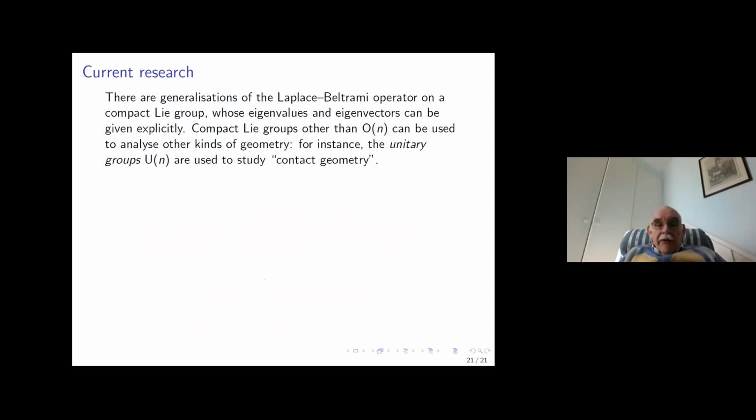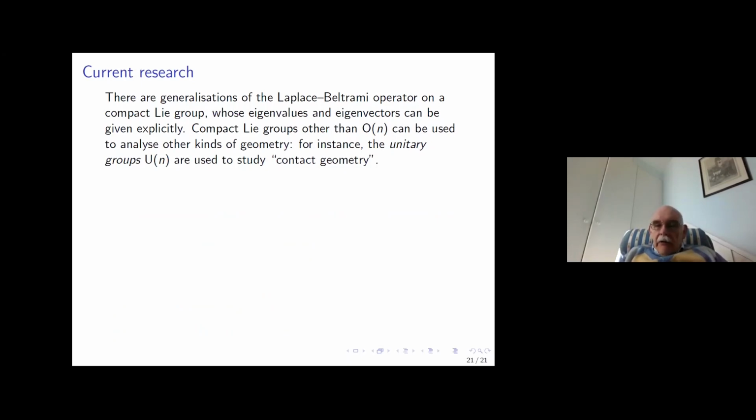And so let me just end up saying that currently, if we take a compact Lie group that's not an orthogonal group, then there are generalizations of Laplace-Beltrami operators and so on, and the eigenvalues and eigenvectors can be calculated explicitly. And compact Lie groups different to ON can be used to look at other kinds of geometry.